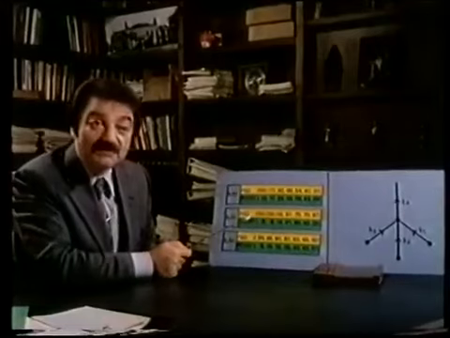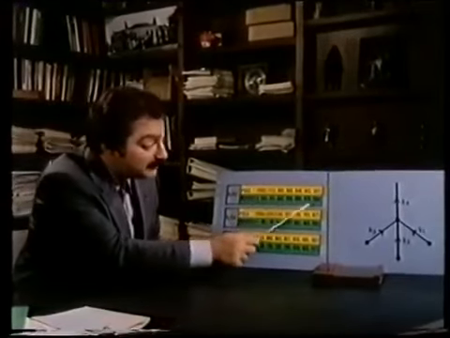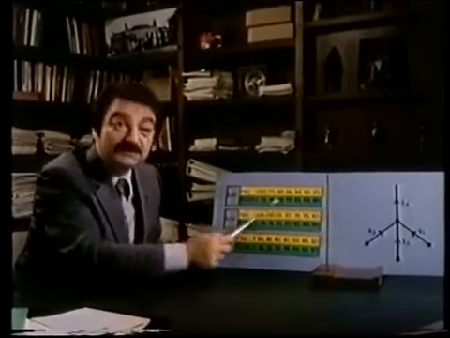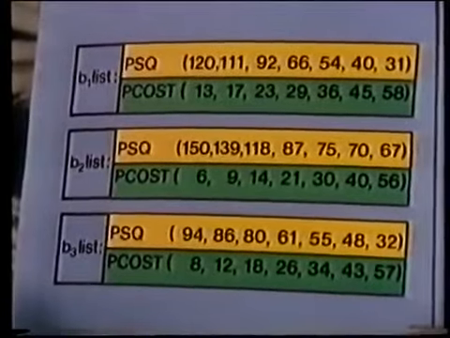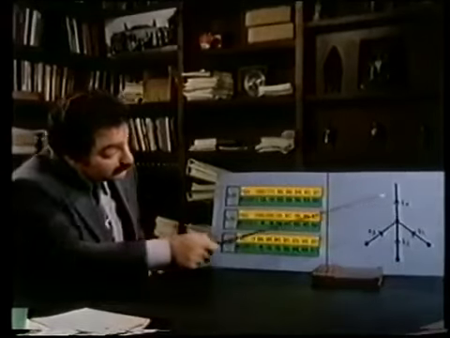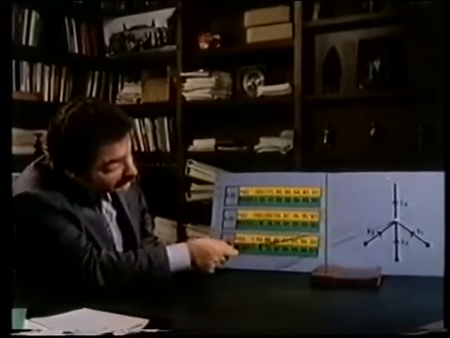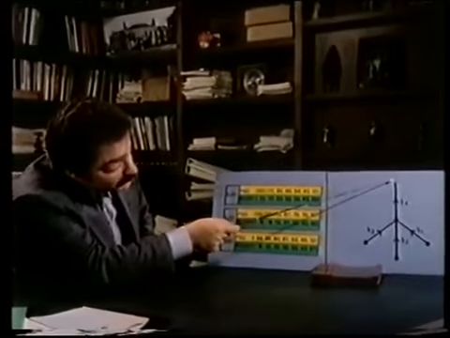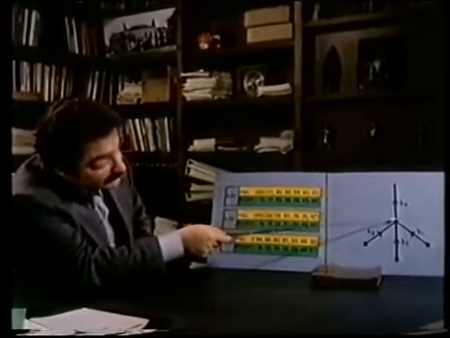Now clearly, as the diameter of the pipe went up, its cost would go up, but the pressure square difference would go down. Now the second thing to note is that in a tree structure, if I have a certain pressure here, there's a pressure difference across branch B4.